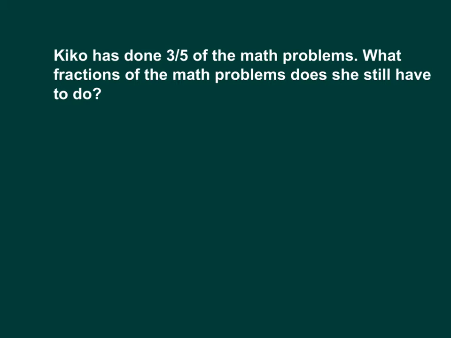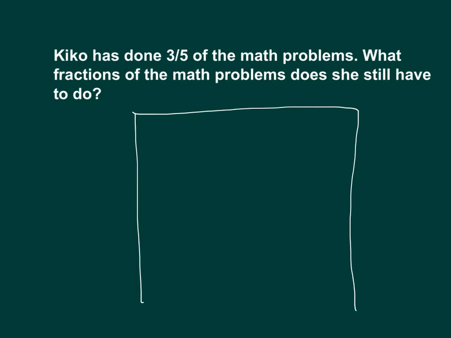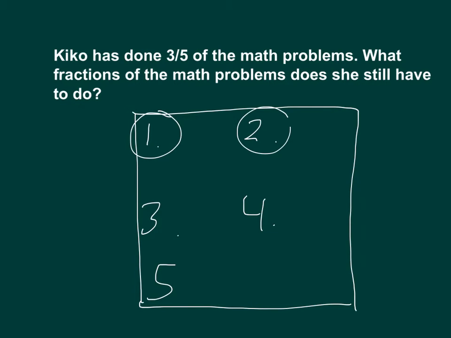Here's another fraction number story to try, boys and girls. Kiko has done 3/5 of the math problems. What fraction of the problems does she still have to do? Well, if we were pretending that Kiko was working on a math page, something like this, and Kiko completed three-fifths of these problems, you would circle 1, 2, 3, 3/5.